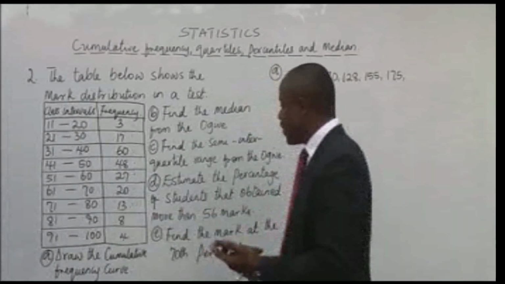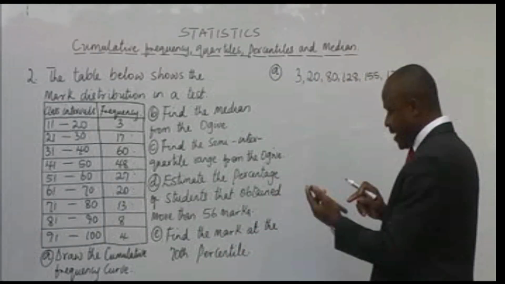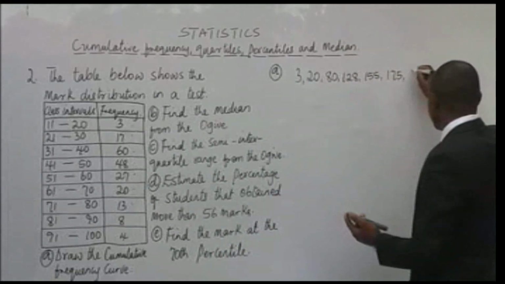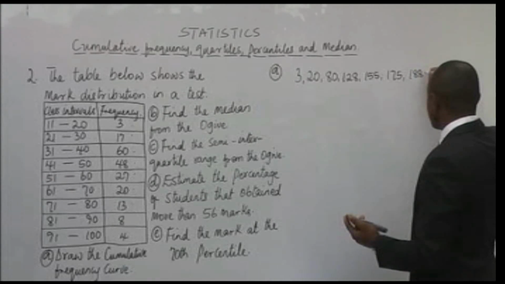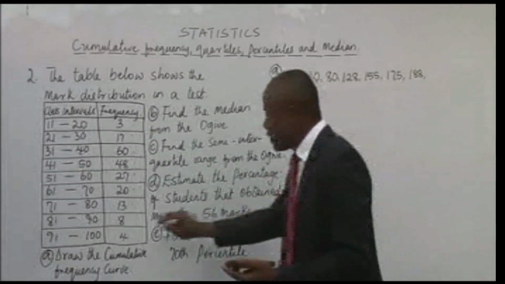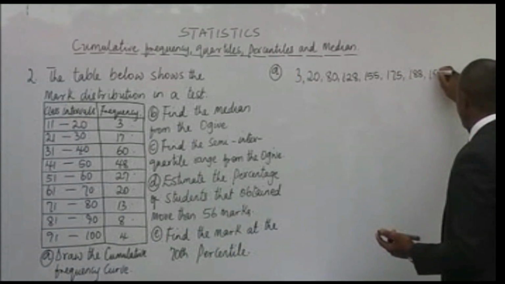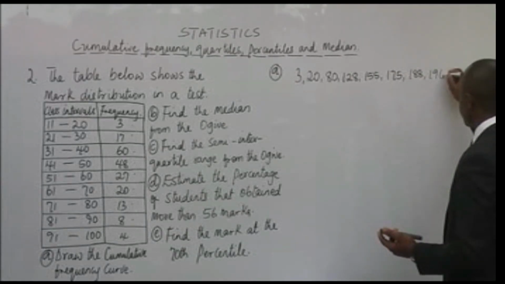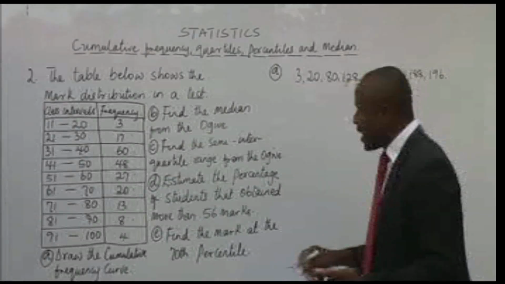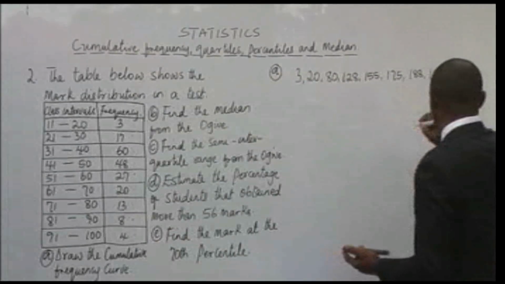The next, 175 plus 13, 188. The next, 188 plus 8 will give you 196. Then 196 plus 4 is going to give you 200.